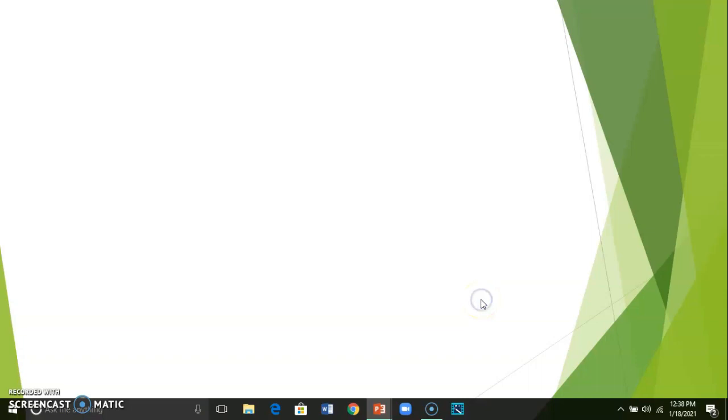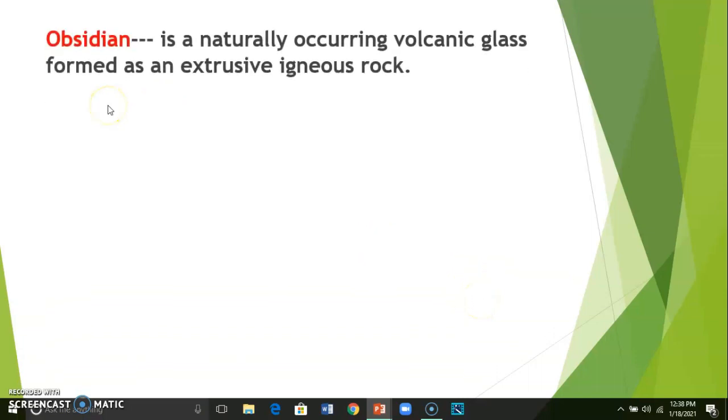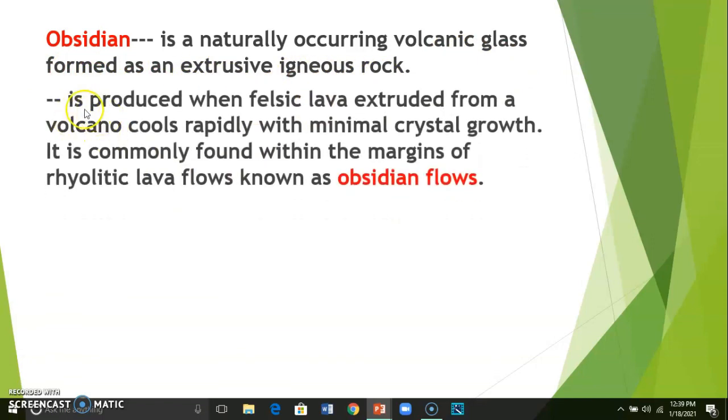We have another example of extrusive igneous rock, the obsidian. We will read it together, please. Obsidian is a naturally occurring volcanic glass formed as an extrusive igneous rock. It is produced when felsic lava extruded from a volcano cools rapidly with minimal crystal growth.